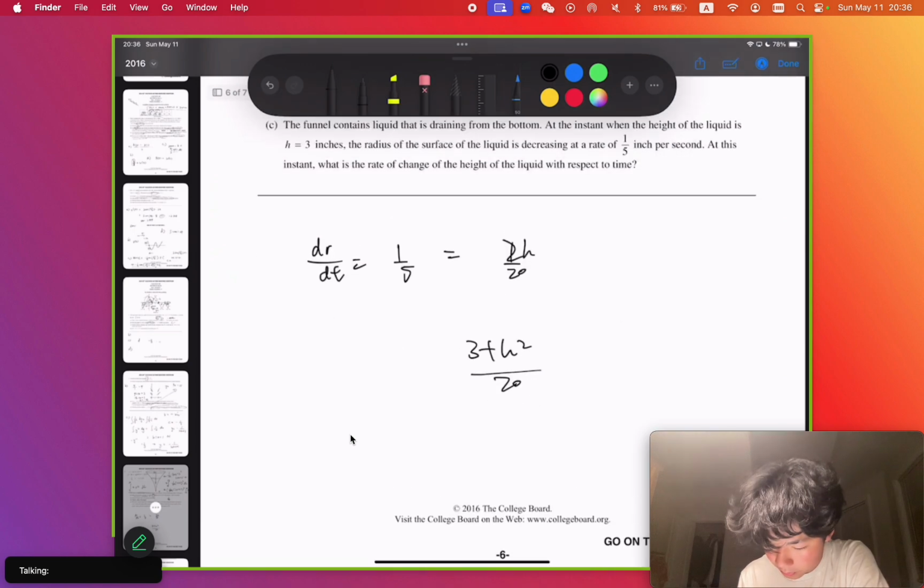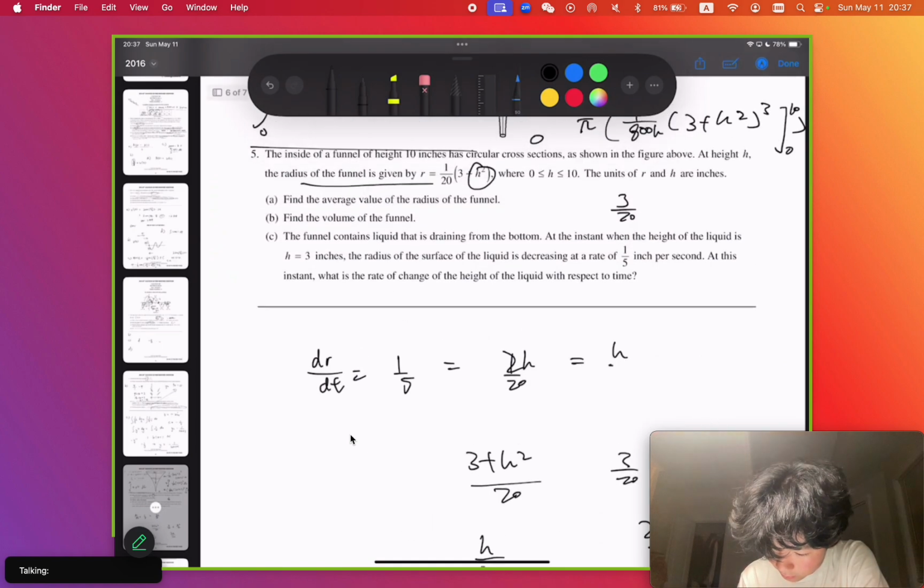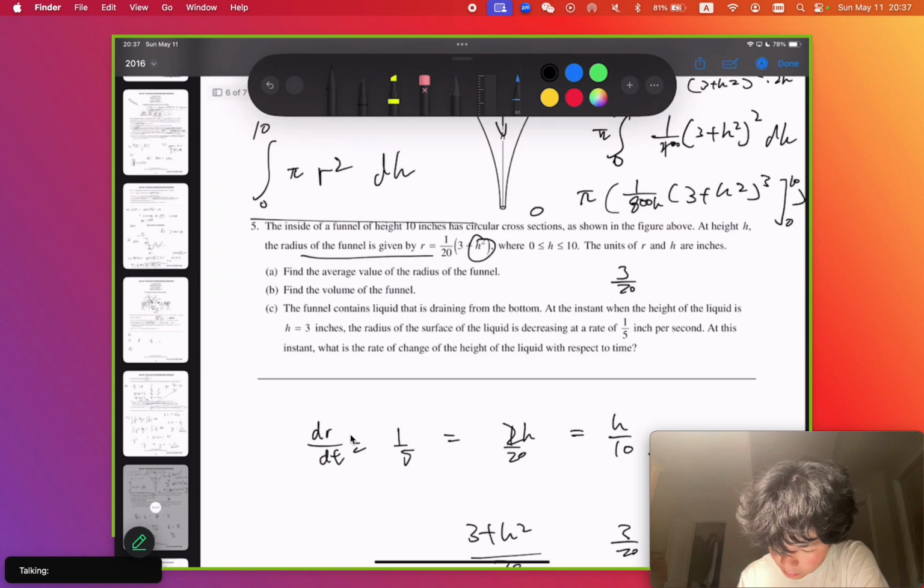The derivative of this whole thing over here is 3 over 20 plus h squared over 20, which is 2h over 20, which is h over 10. Okay. Wait, why does that make sense?